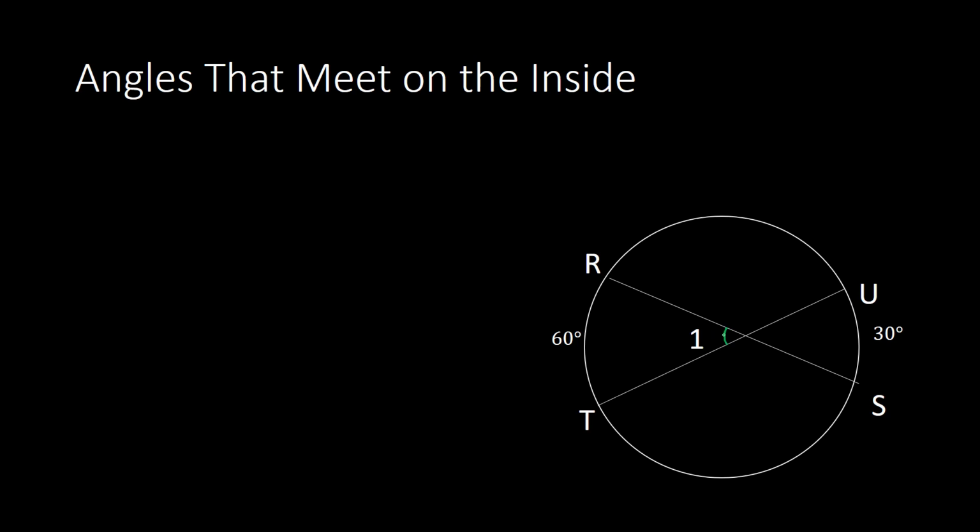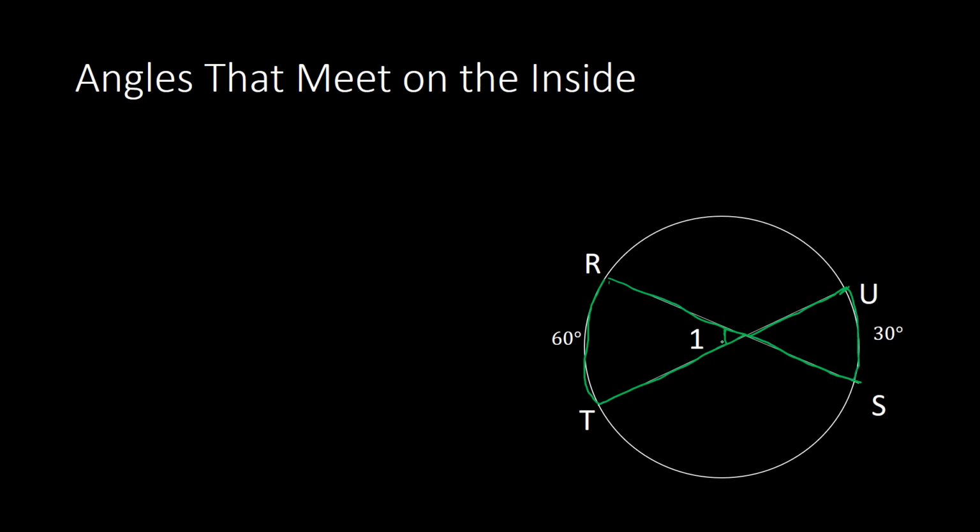So looking here at angle 1, we can find this measure based off the arcs that angle 1 creates. So angle 1 creates this arc over here, this 60 degree arc, and then the arc across from that, so if I were to extend now these lines, there and there, the arc that is created would be 30 degrees.